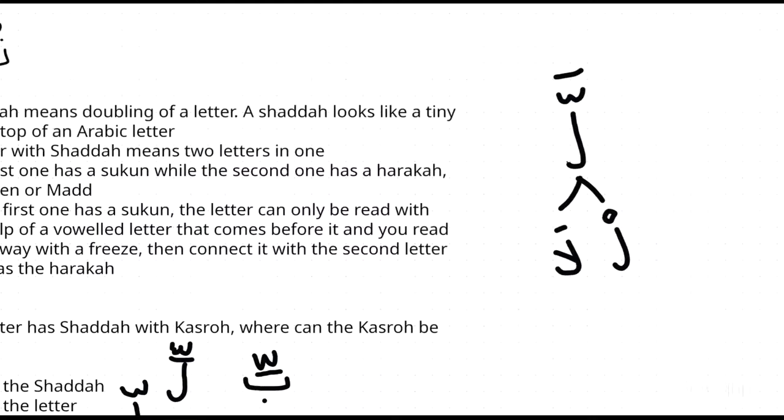For example, ba kasra, bi. With this ba kasra, we are able to pronounce this lam with sukun. Bil, then we connect it with the lam fatha alif mad. Billah. Bil, we freeze on the sukun part, and then we connect it to the lam without breaking our breath. Billah.